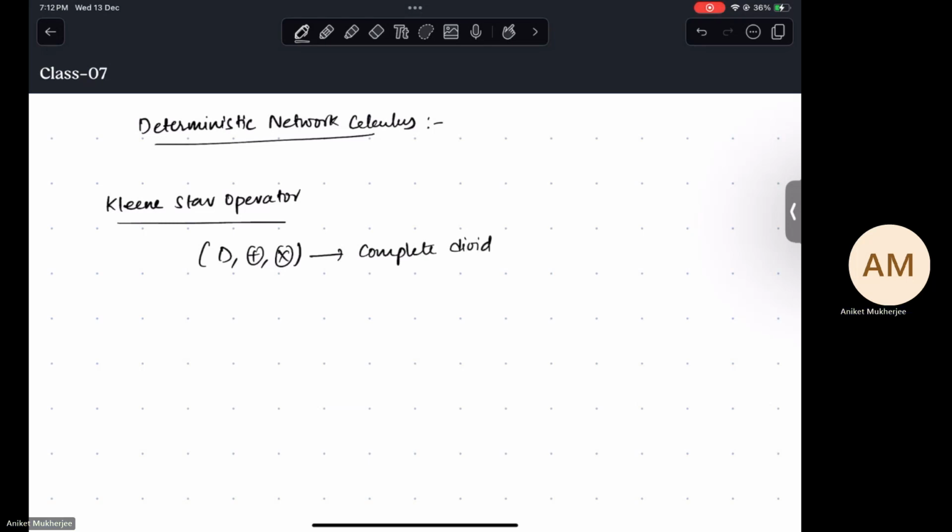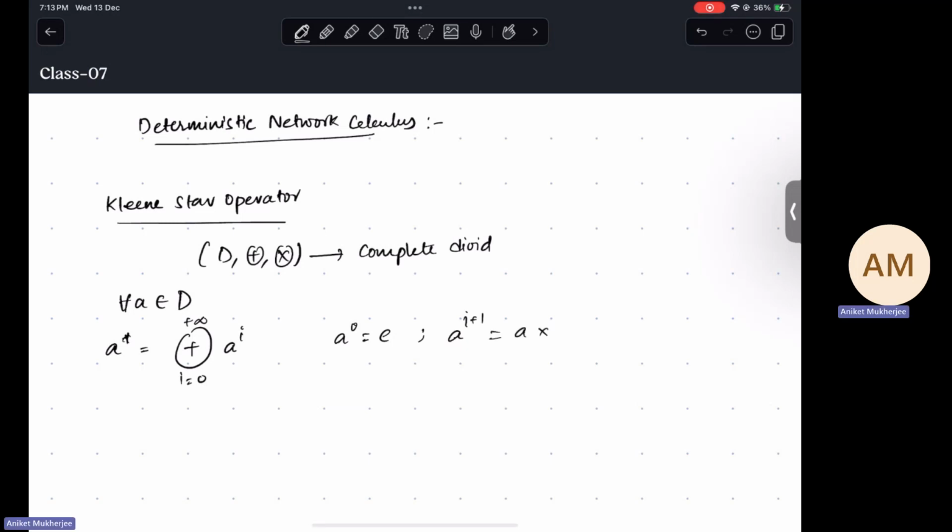And for any element A in the set D, A star was the Kleene star operator. So this was defined as the infinite first operator of A^i, where A^0 equals the unit element, and A^i is multiplication.